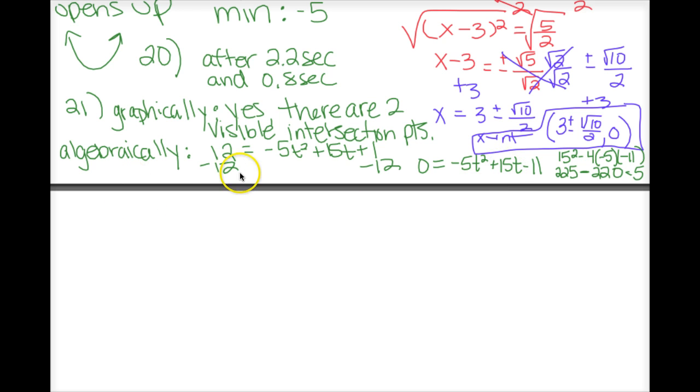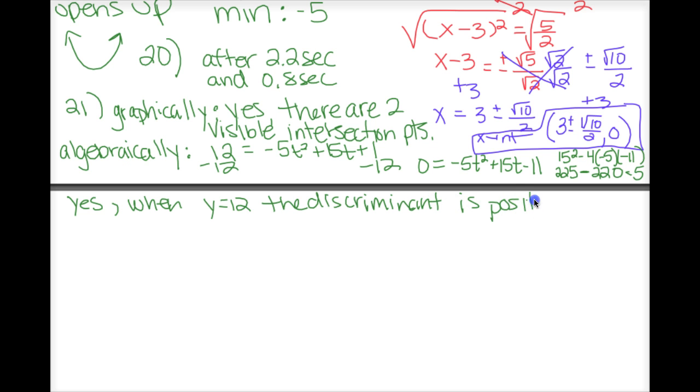Again, I'm not actually asked for the solutions here, so you don't have to solve it. You can; that is one way to answer the question. However, it is a little bit faster to just say yes, when y is 12, the discriminant is positive, which means there are two real solutions.